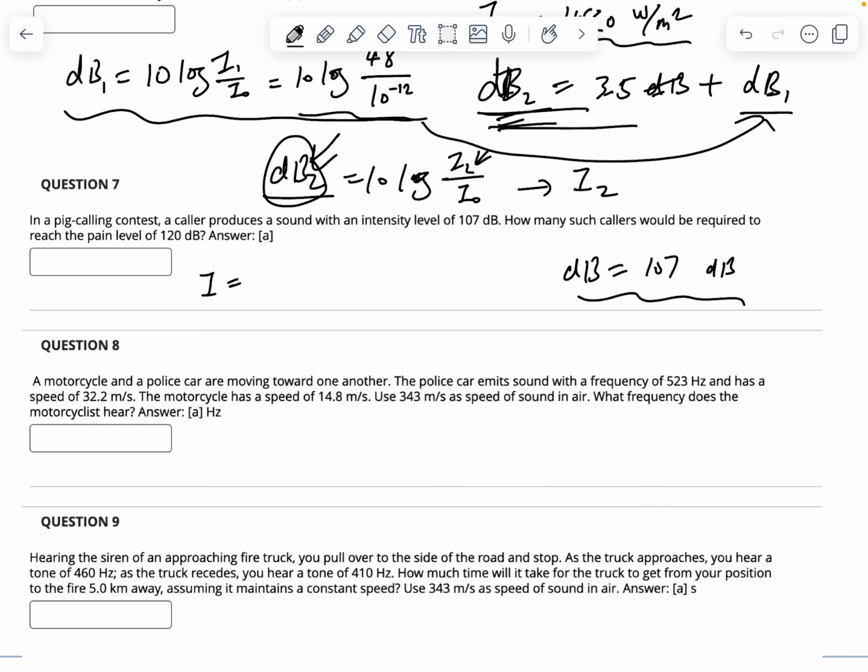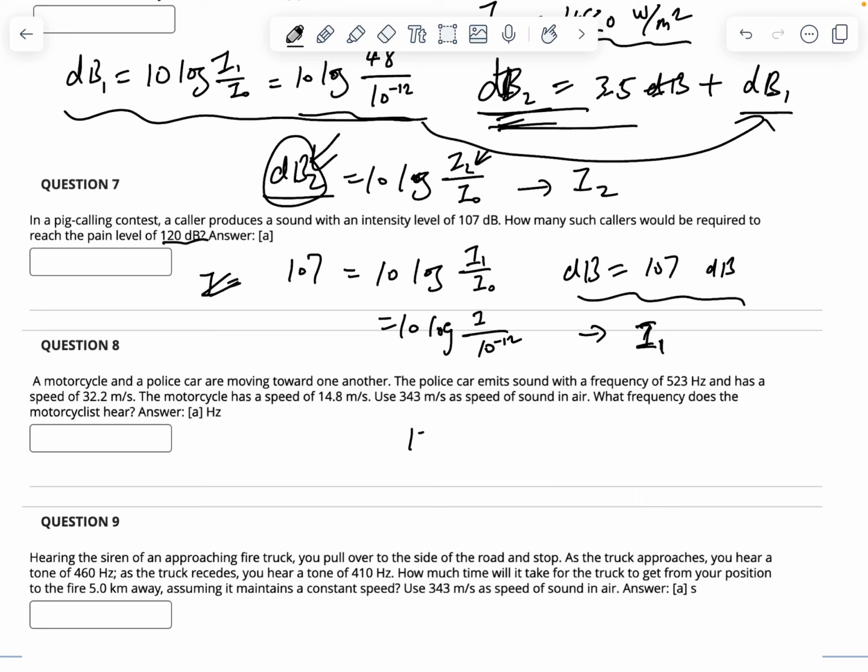First we figure out the intensity for 107 dB: 107 equals 10 log I over I0, so this equals 10 log I over 10 to the negative 12. You can figure out from this equation the intensity of this 107 dB, and we call this I1.